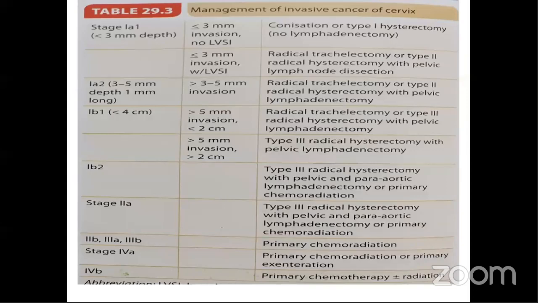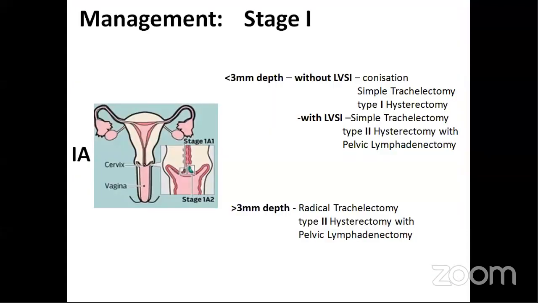So this slide shows that at different stages, what steps we need to take, or what modalities of treatment we have. So we'll discuss in detail again. Okay, in this you can see, if it is stage 1 carcinoma, then what to do? If it is stage 1A, then what do we do?